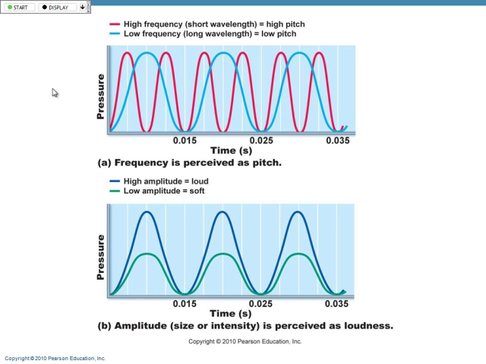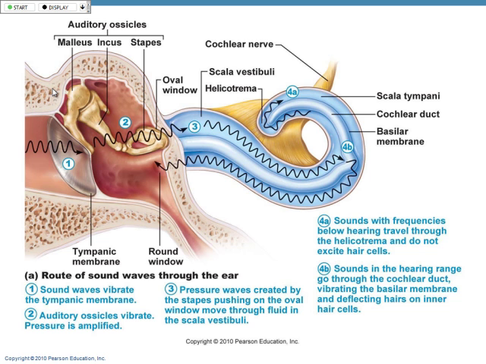Okay, so those are some of the different things that you actually tested in lab with respect to hearing. Now, this is the pathway that you should understand when we talk about sound waves and their pathway to our sense of hearing. You can find this diagram on page 577, and you know me and my numbered diagrams, how I love them so.